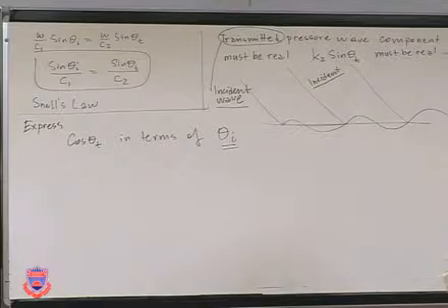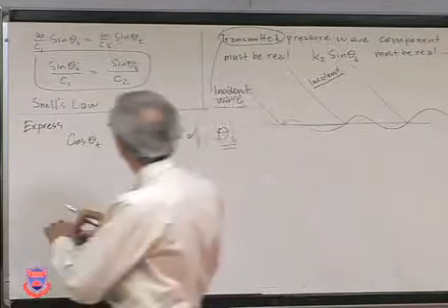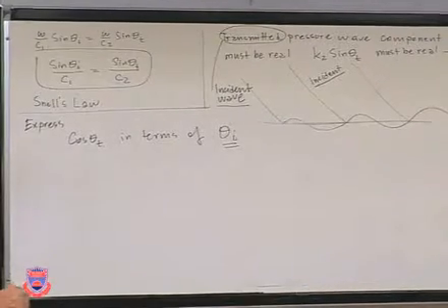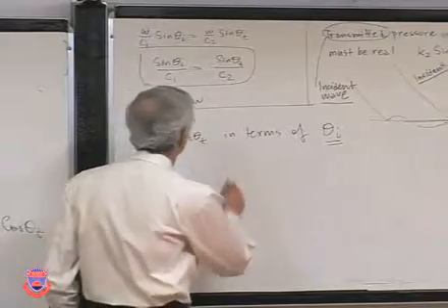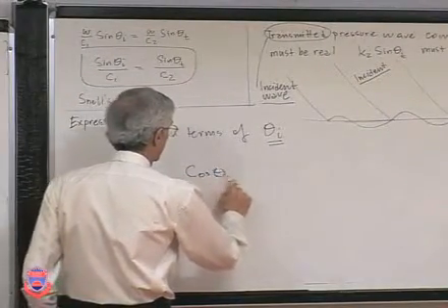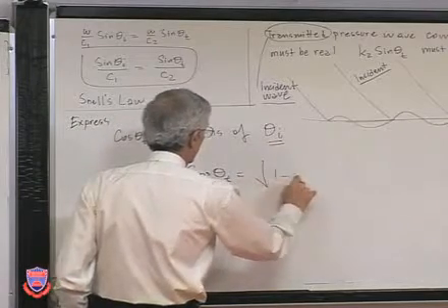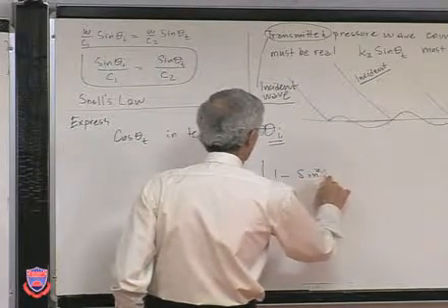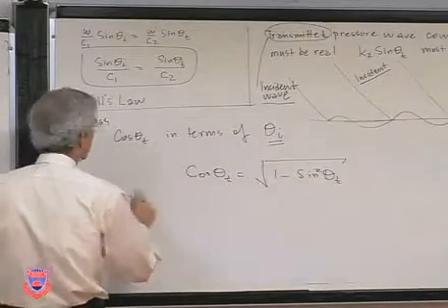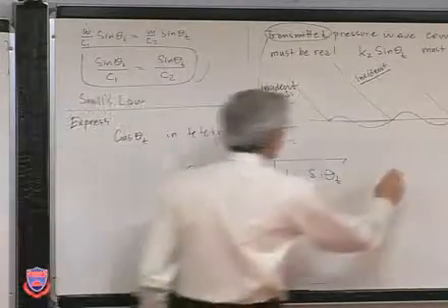And how can we do that? We have a relationship through Snell's law. So first of all, cosine theta t we can write as the square root of 1 minus sine squared theta t. And sine theta t, we already have the expression for.